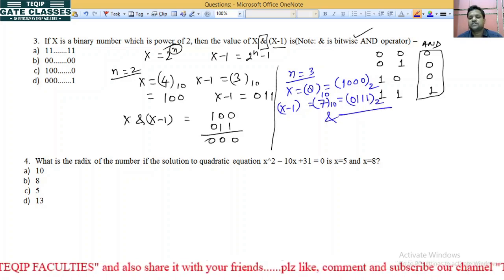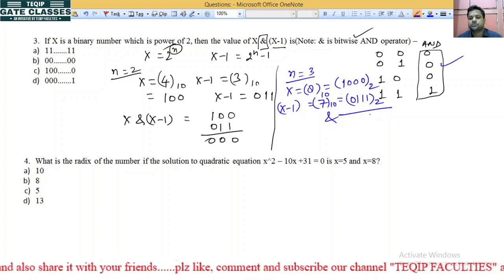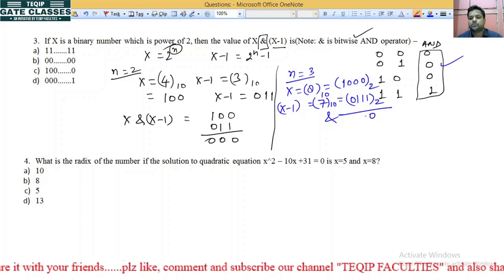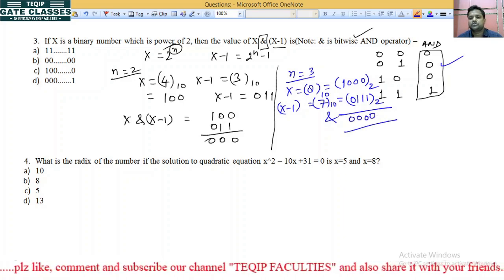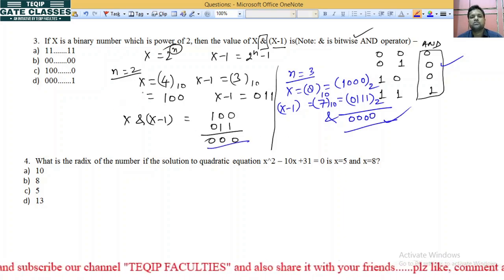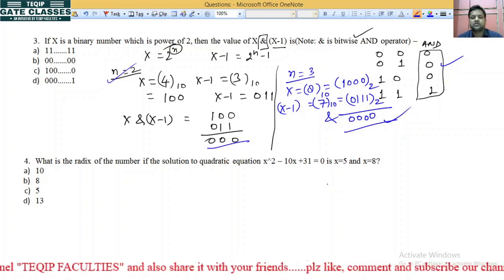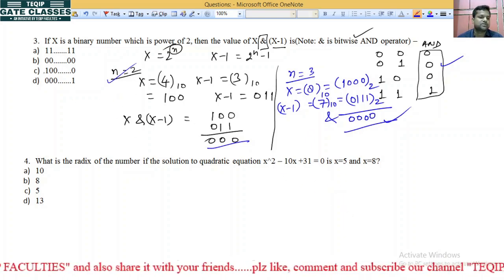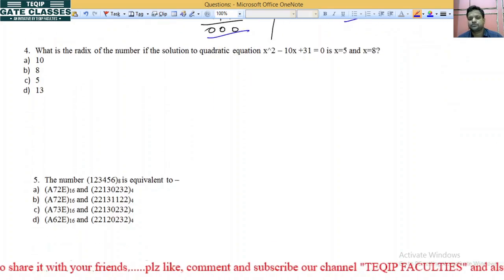Take bitwise AND: 0 and 1 gives output 0, again 0 and 1 output 0, again 0 and 1 output 0, again 1 and 0 output 0. So in all the cases, for any value of n, the result will always be 0. Which option is correct? B option. Okay.